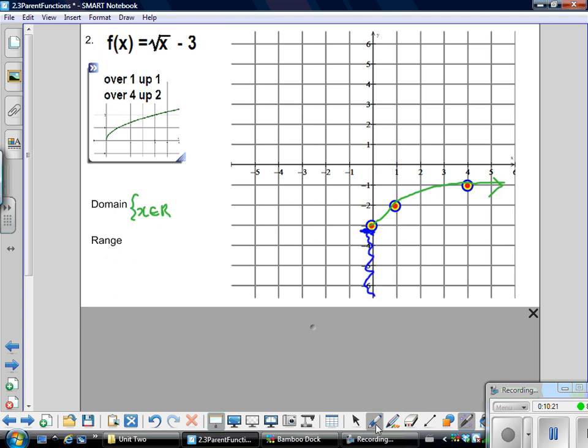So that tells us what our domain and range are. So x here has to be greater than or equal to 0. And our range is y, also an element of real numbers, and it must be greater than or equal to -3.